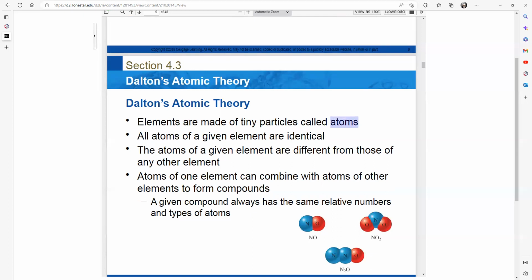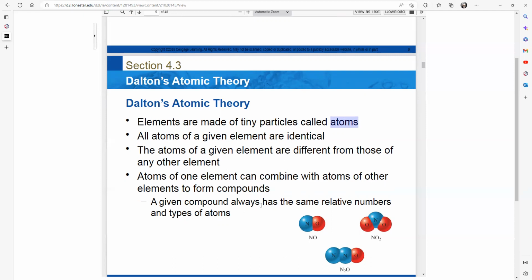All atoms of a given element are identical. The atoms of a given element are different from those of any other element. And he also said, atoms of one element can combine with atoms of other elements to form compounds.